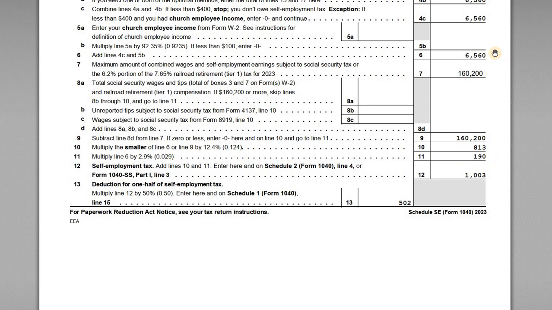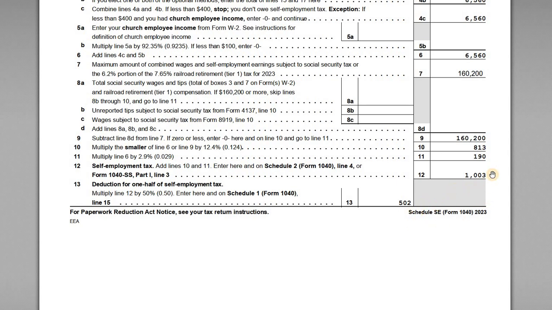Then we would multiply line 6, so $6,560 times 2.9%, and we're left with $190. So now the total amount of self-employment tax that we owe is $1,003, and then the deduction that we get for 1/2 of our SE tax is half of that, so 50%, $502.